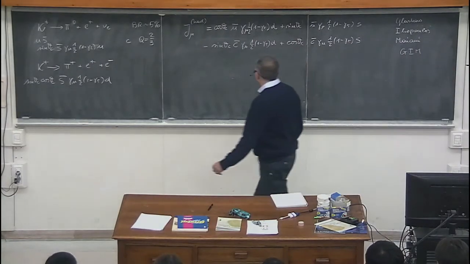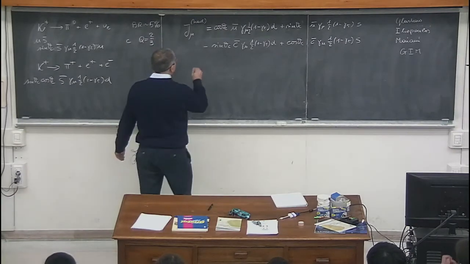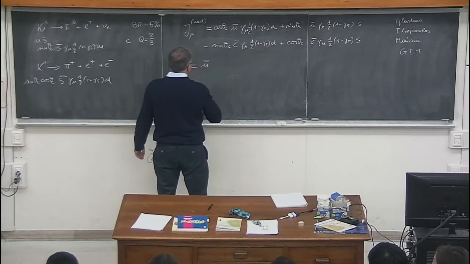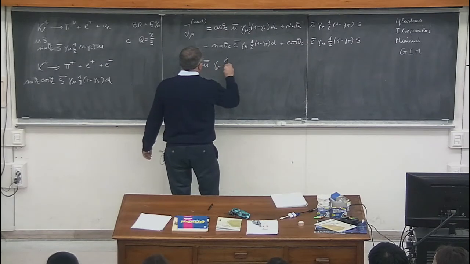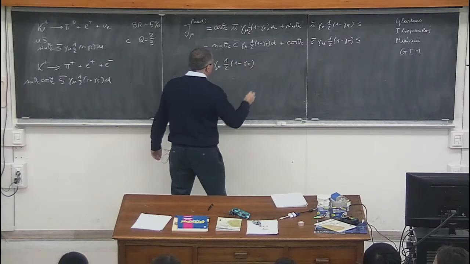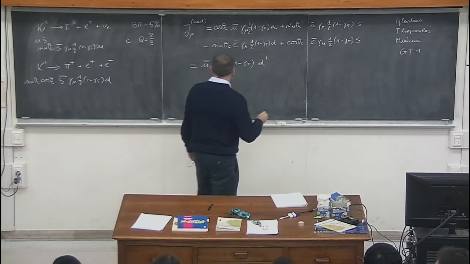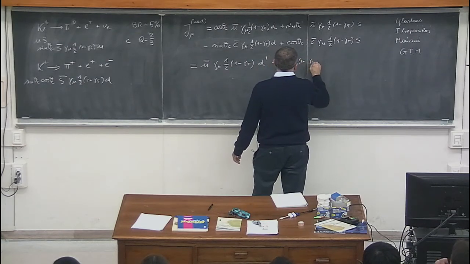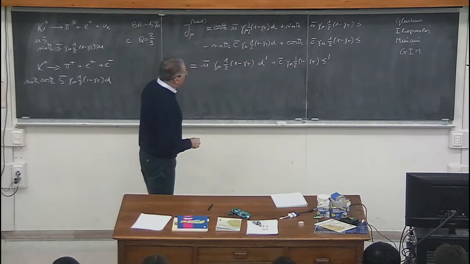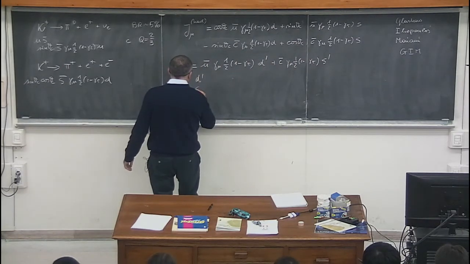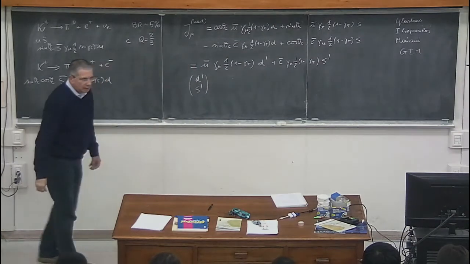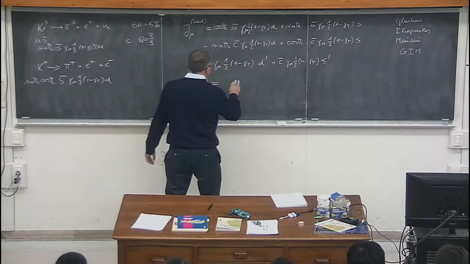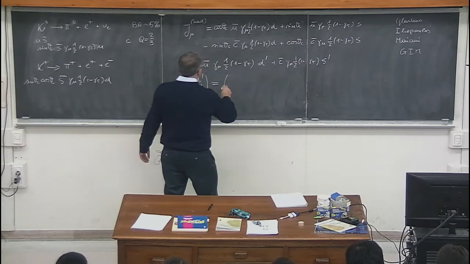And this current can be written in the following form. u bar gamma mu 1/2 (1 minus gamma 5) d prime plus c bar gamma mu 1/2 (1 minus gamma 5) s prime, where d prime and s prime are not the original flavor quark fields, but are rotated with respect to them by a matrix which is again a rotation matrix.